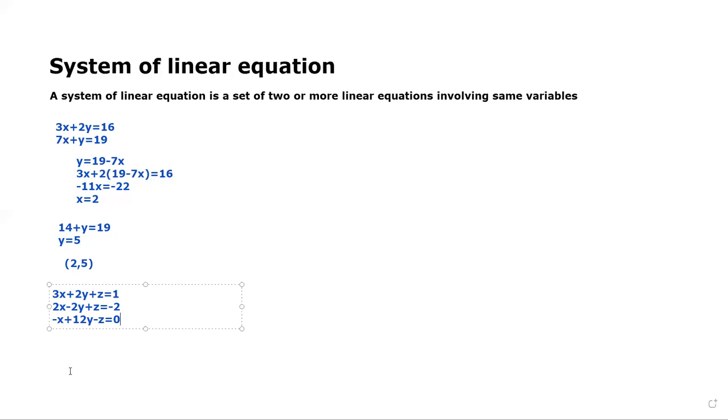If you solve this system of linear equations the way I said earlier, the solution will be x equals 1, y equals minus 2, and z equals minus 2.